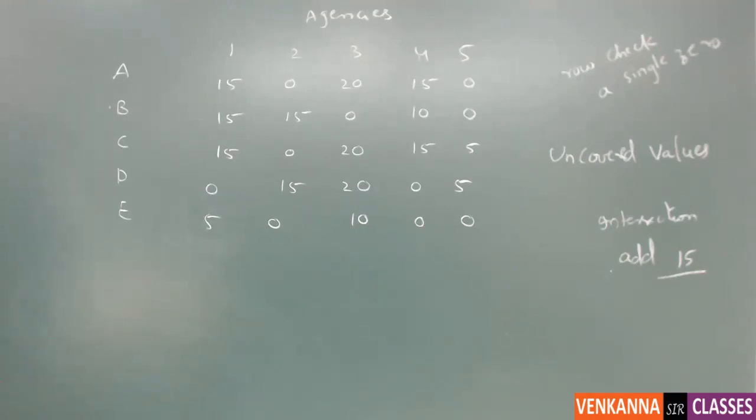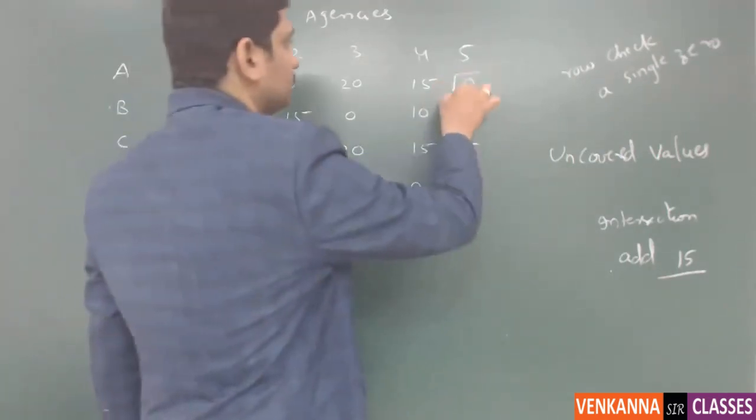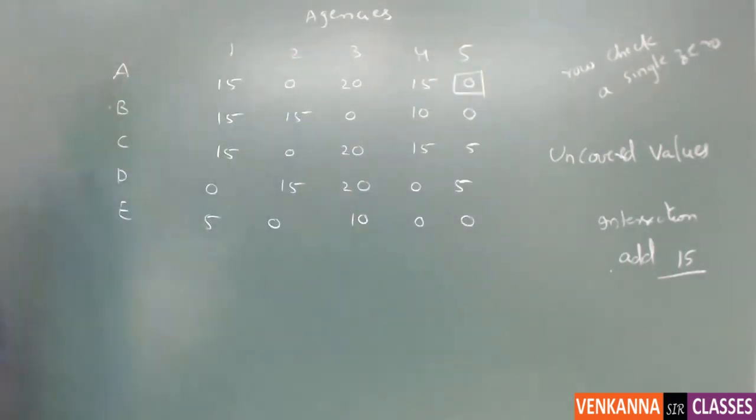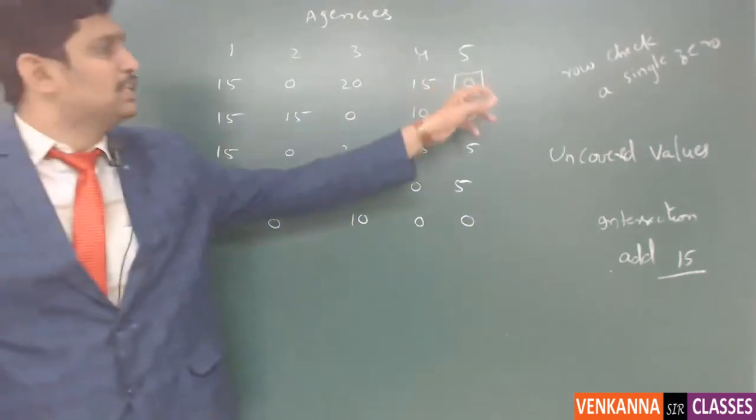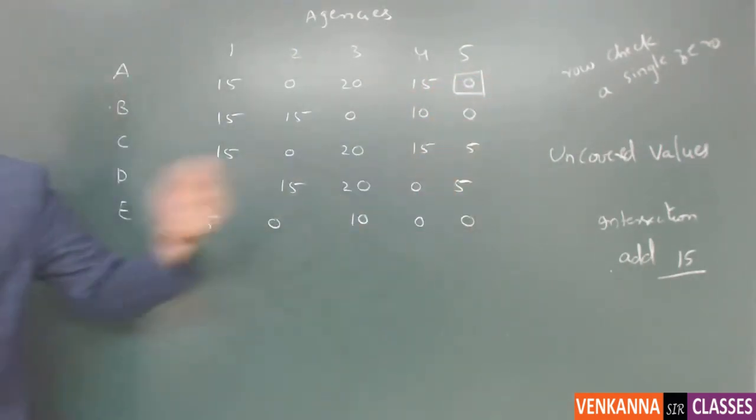Now we are going for the allocation. Since row 1 has 2 zeros, you can go for any allocation. So if I have taken an allocation at this position, then the corresponding zeros in the column get cancelled. Accepted?